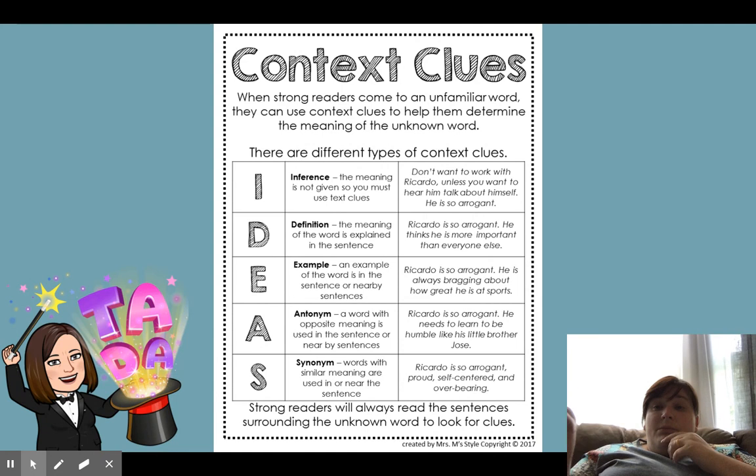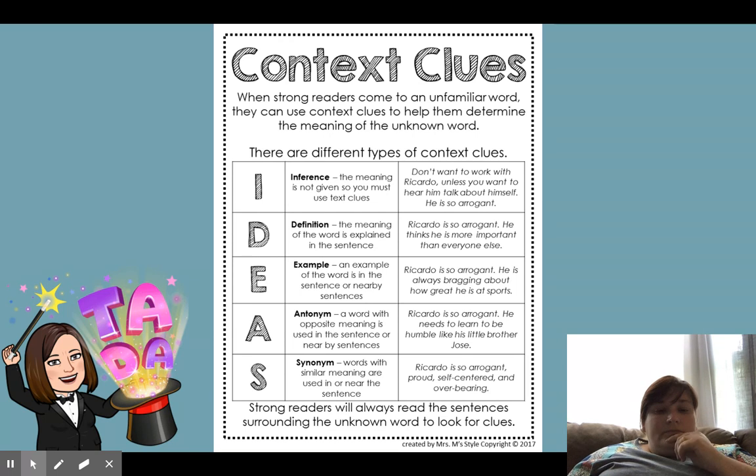So humble means that they don't think that they're the best, that they can accept criticism, but arrogant is the opposite of that. He thinks he's more important. He likes to brag on himself, doesn't think he can do anything wrong. So there's the difference between the two, and you can see how they're put in comparison and contrasted to get one another.